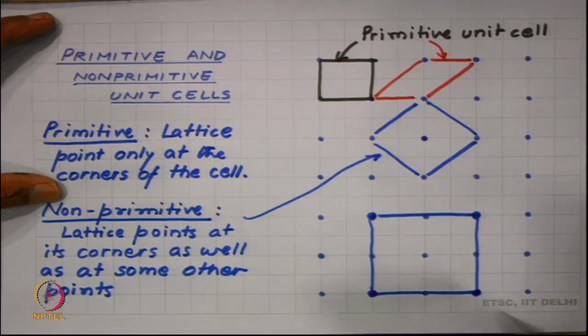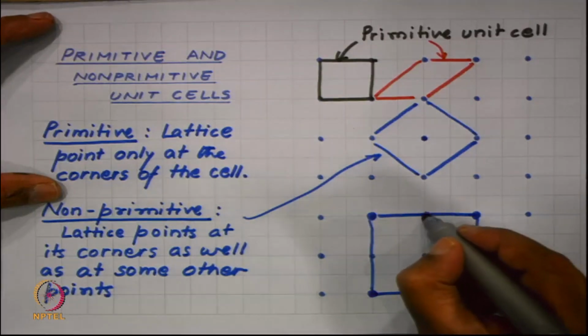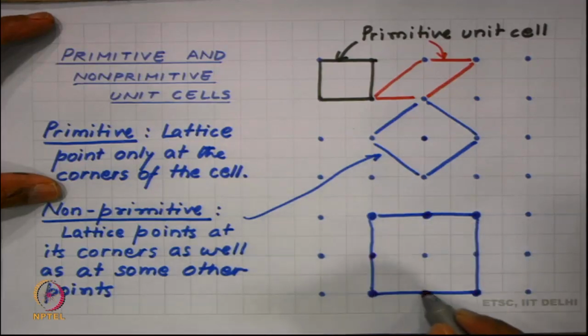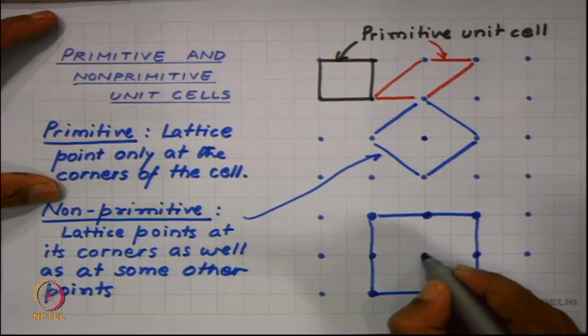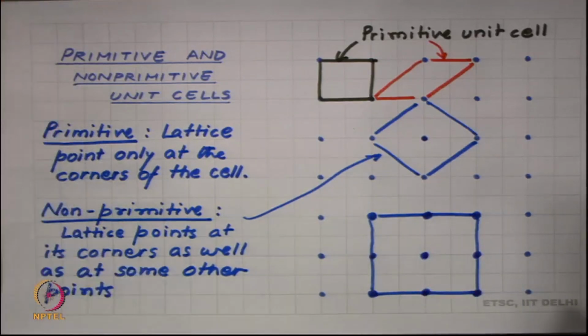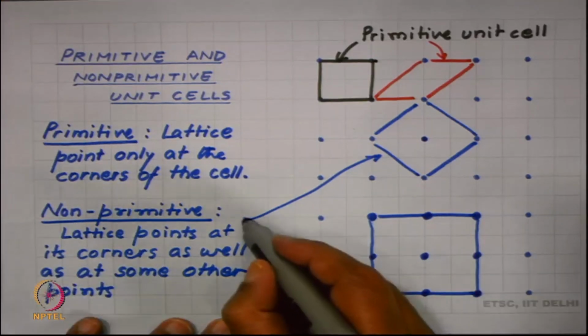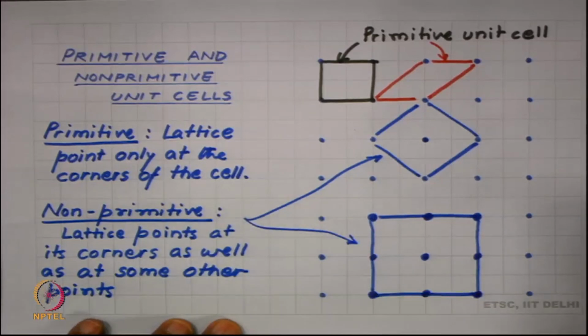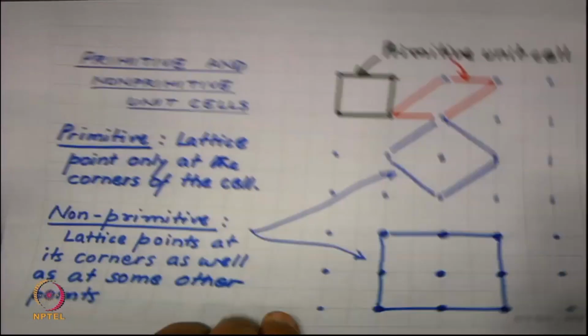So, it qualifies as a unit cell, but apart from the corners it has lattice points at its edges and it has a lattice point at its center. So, this will be another example of a non-primitive unit cell.